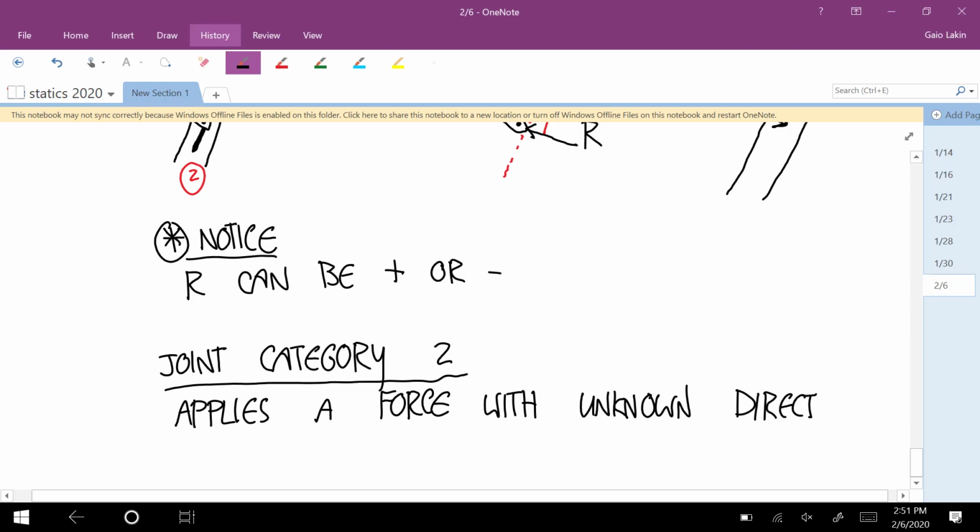So you can think of that as 2 unknown force components. And so how many variables are introduced into Newton's laws if you have 2 unknown force components? It introduces 2 variables.